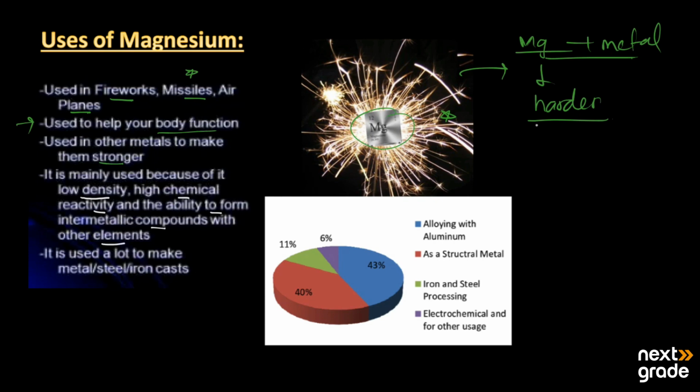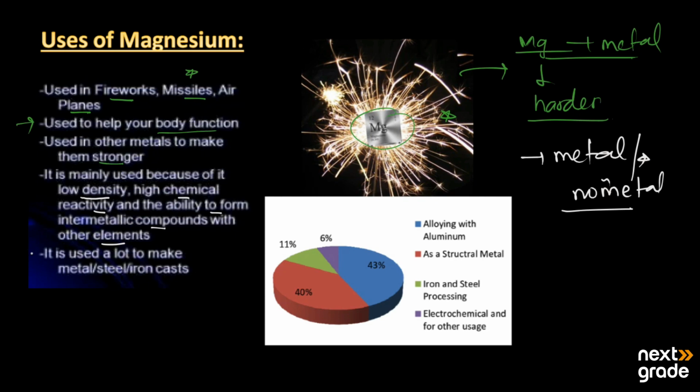What type of intermetallic compounds? Compounds which have the properties of both metals and non-metals are basically known as intermetallic in nature.